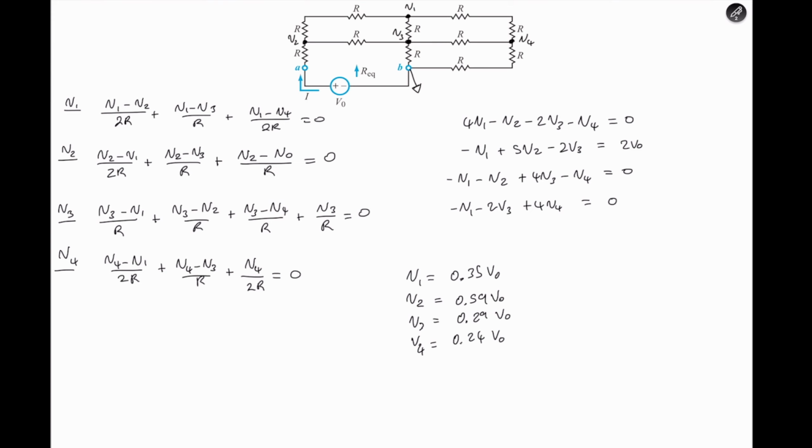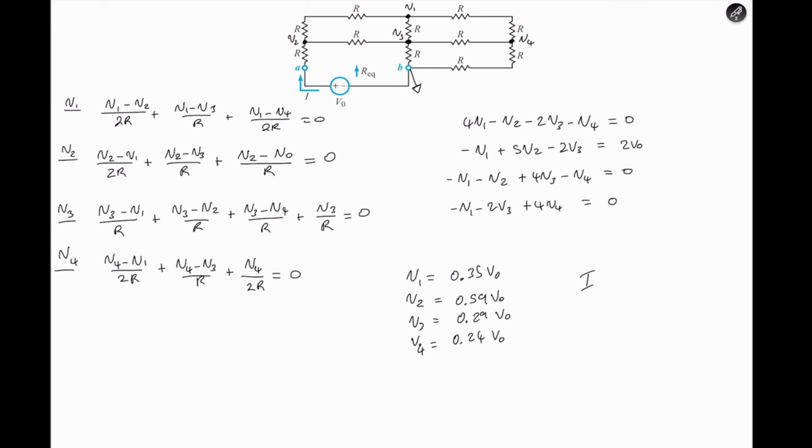But in this case, we want to find the current I. So we're going to use V0 with reference to V2 divided by the R in that branch where the current I is flowing.